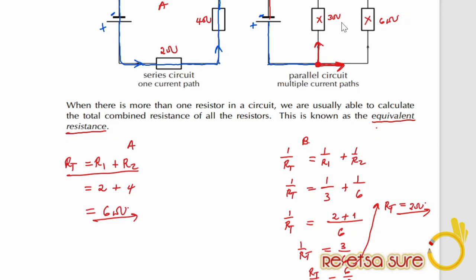When you are given 2 resistors and asked to determine the RP or RT, just know that the RT must be smaller than the smaller value in our parallel connection. Like for instance, between 6 and 3, which value is smaller? It is 3. Meaning when you determine the RT for a parallel connection, the value you get must be less than 3. That is why here we got 2. I hope it makes sense.